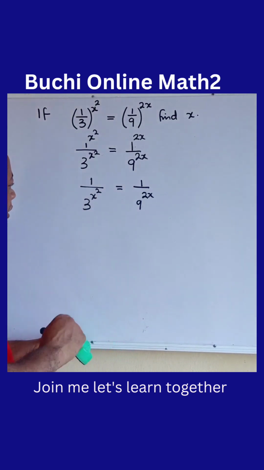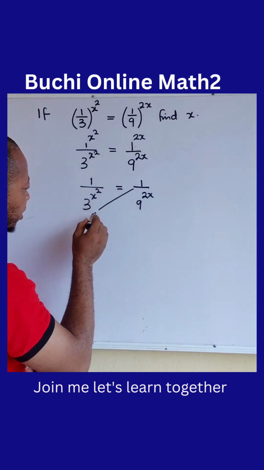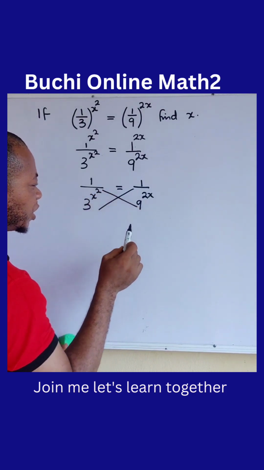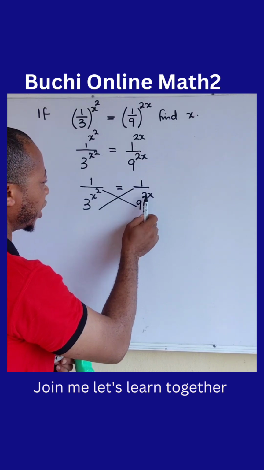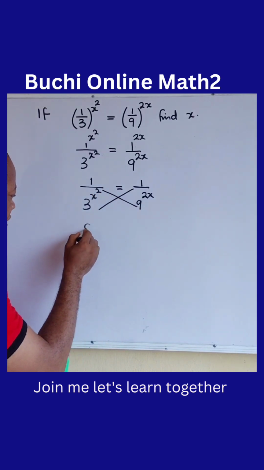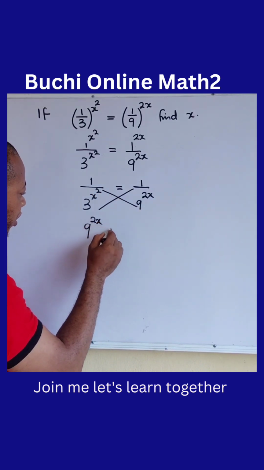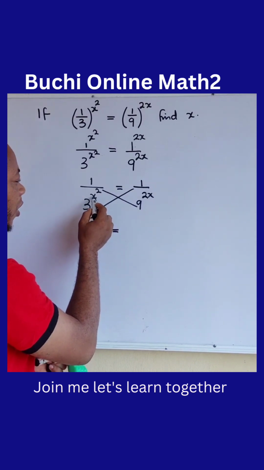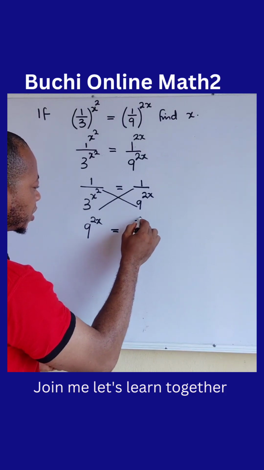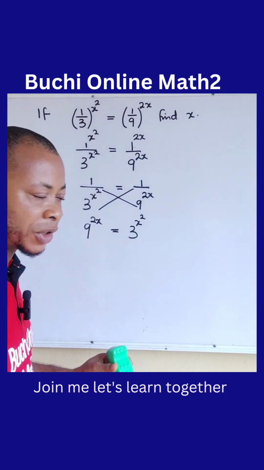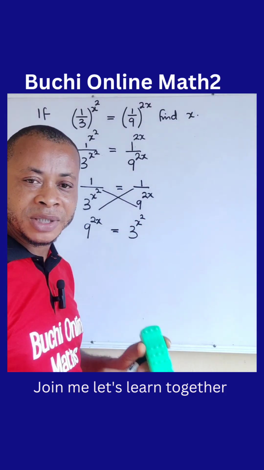Cross multiplication here means that we use 9^(2x) to multiply 1 to give 9^(2x), and we use 3^(x²) to multiply 1 to give 3^(x²). You see this is becoming simple.